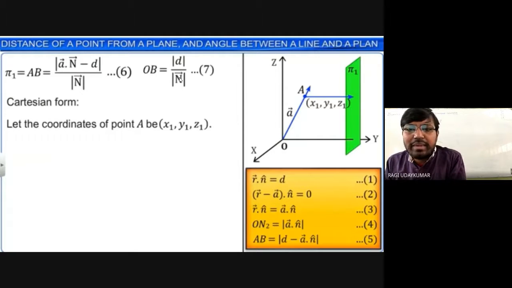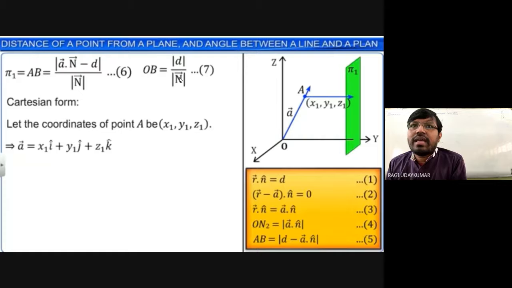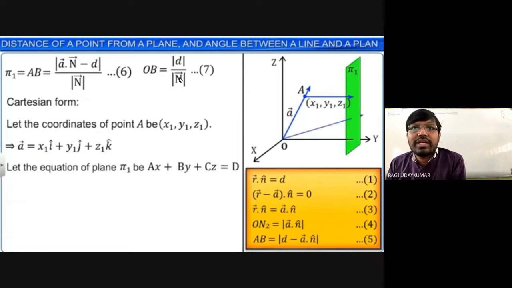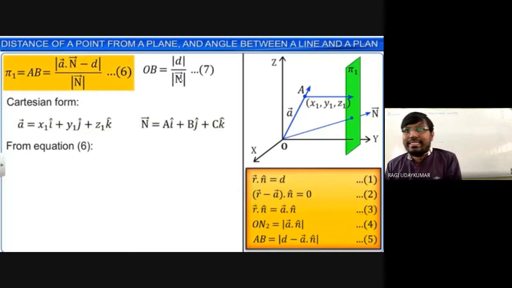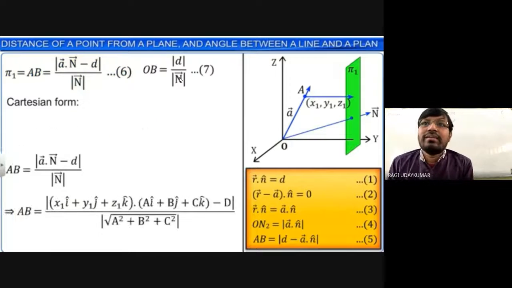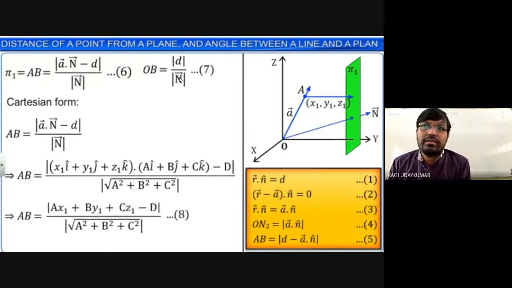If the equation of a plane is given in vector form, convert it to Cartesian form. The point A is x1 y1 z1 and vector a is given as x1 i plus y1 j plus z1 k. So the equation of a plane is given as ax plus by plus cz is equal to d, and n bar is given to you as a i plus b j plus c k. So substitute in that. Finally, what will come is ax plus by plus cz minus d.